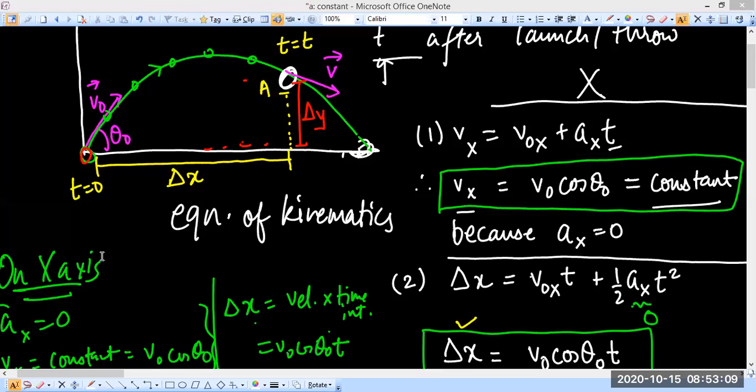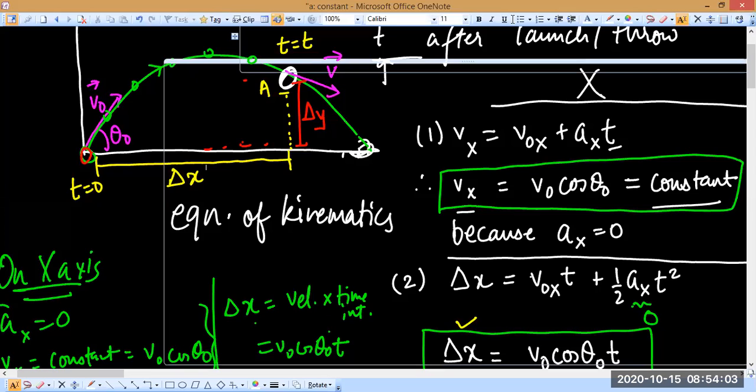I'll enable that. Yeah, I was going to show something else also.